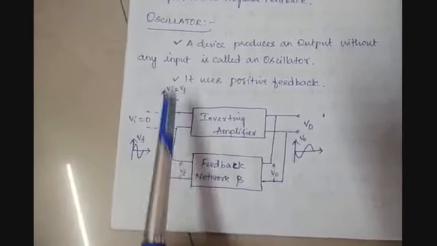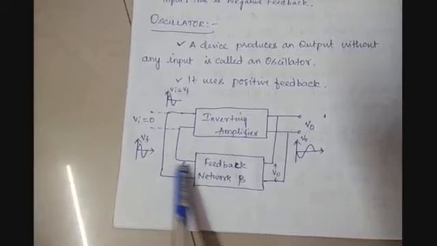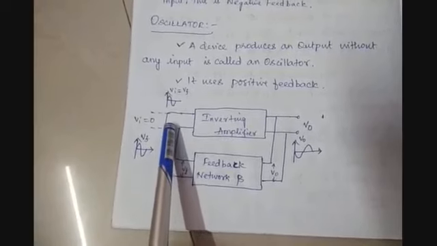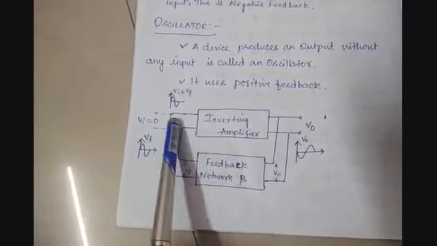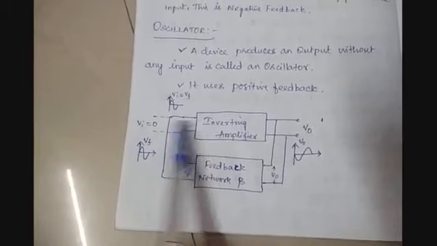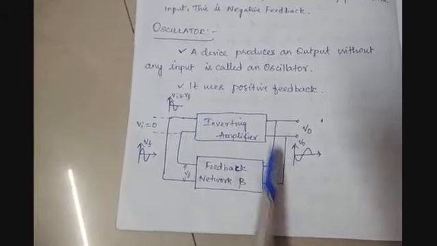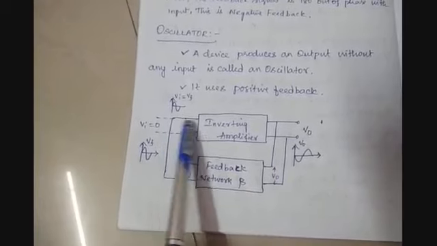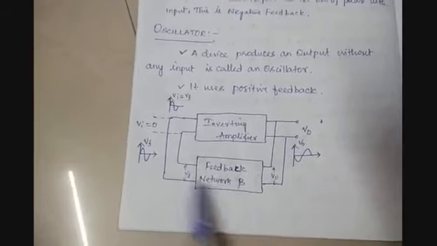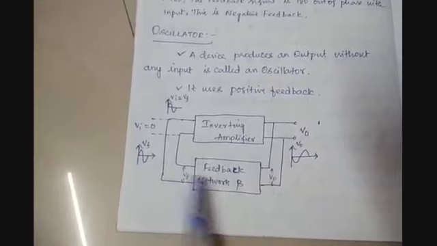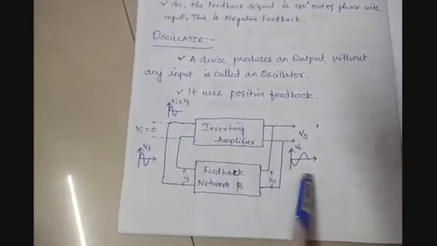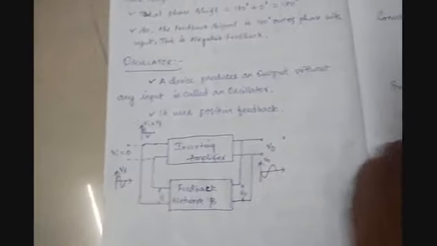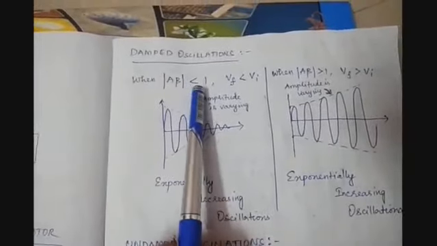For example, if I apply 1.5, now 1.5 is the input to this inverting amplifier, and again it reduces. Next value is 1, next 0.5, next 0. Like that it reduces if modulus A beta is less than 1.